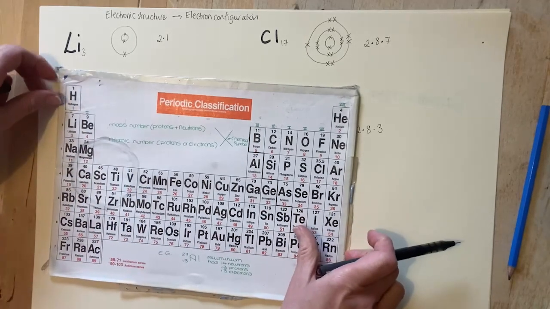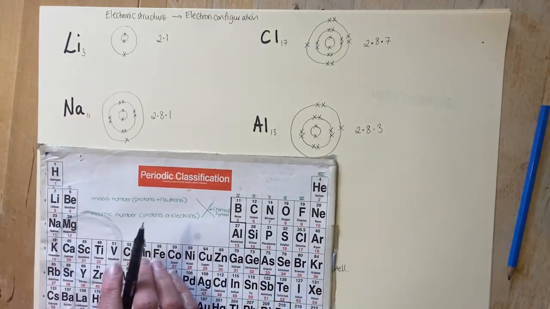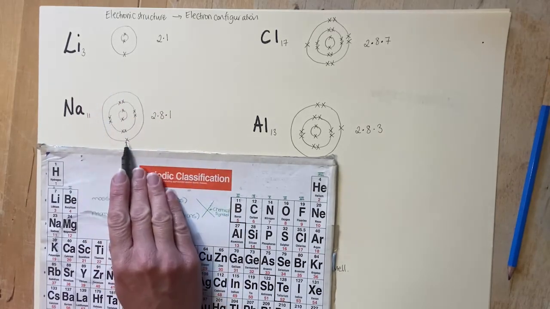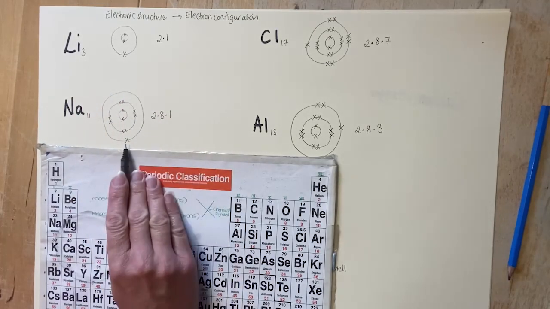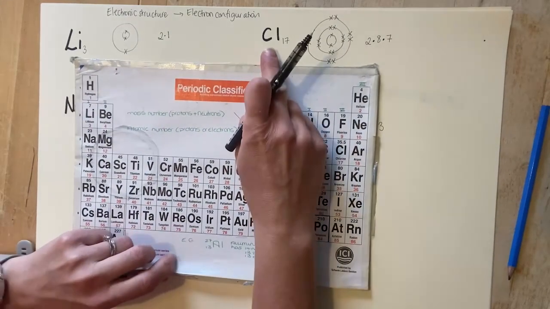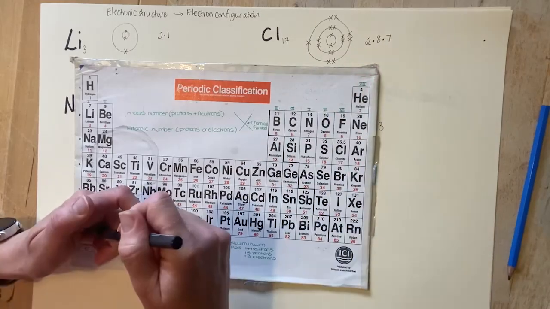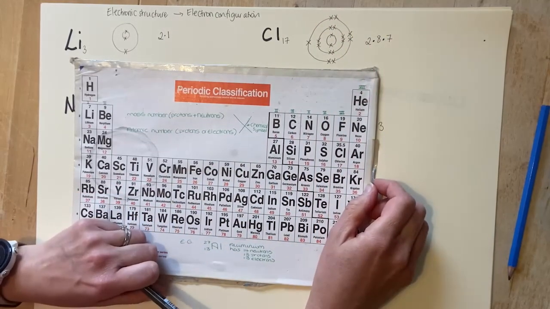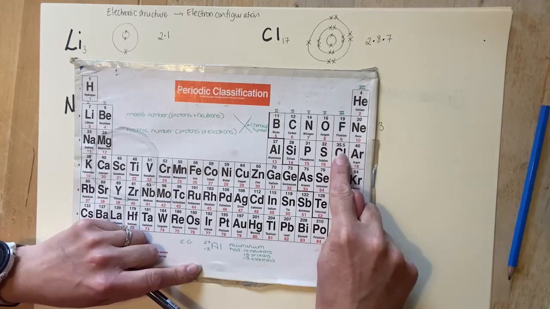Okay, let's have a look at sodium. If that rule is true, sodium has one outer shell electron. It should be in group 1. And there it is in group 1. Let's have a look here. Chlorine has 7 electrons in its outermost shell. It is in group 7.